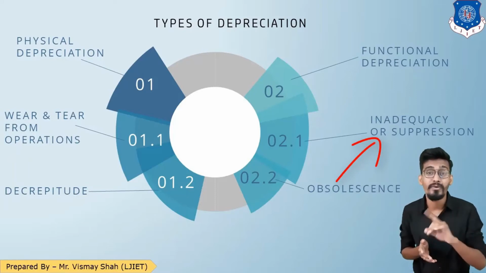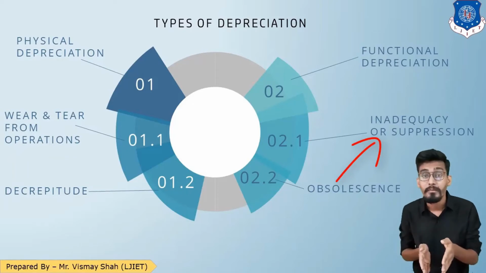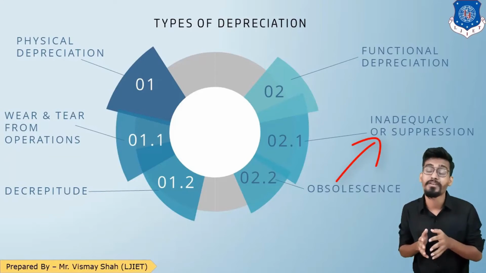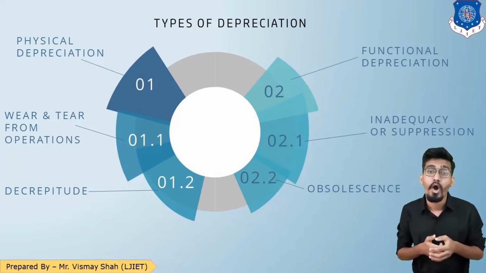So there is an inadequacy. The purpose of the residential house was to live, but I am using it as storage. So that is an inadequacy. The purpose of being that component or that building or that land is not fulfilled. So that kind of depreciations are known as inadequacy. And the second is obsolescence.